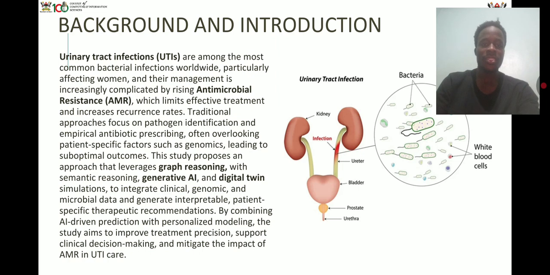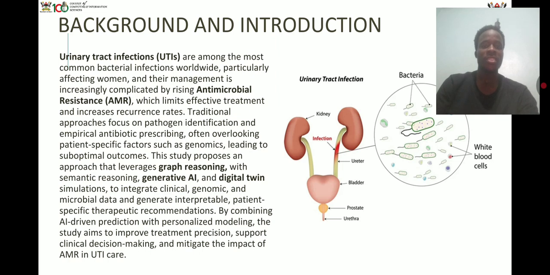The next keyword is graph reasoning. Graph reasoning refers to the process of developing relationships between different entities, and in our case, we achieve it using a graph neural network, where we construct a knowledge graph and then establish relationships between different patients or their demographics.